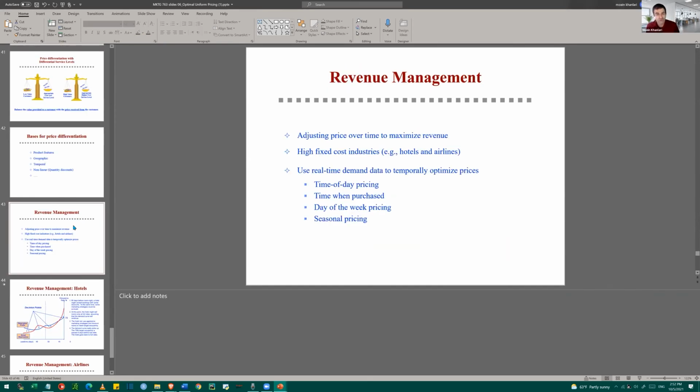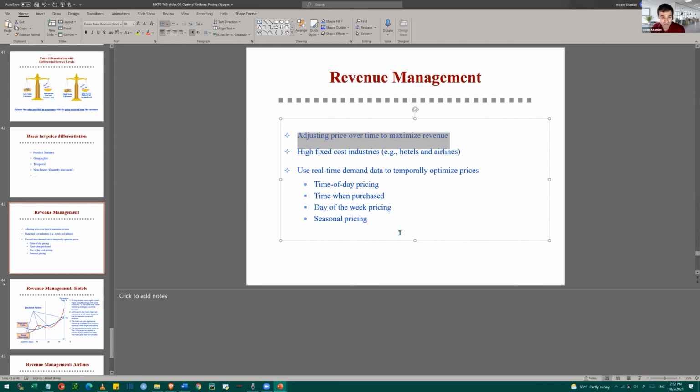Some industries actually take pricing beyond what we talked about, and it's called revenue management or dynamic pricing, and they adjust pricing real time. There are a few of those industries, the 2 big ones being hotels and airlines.